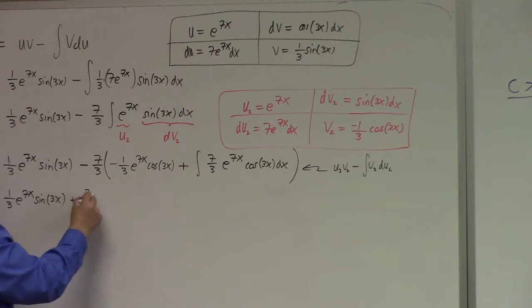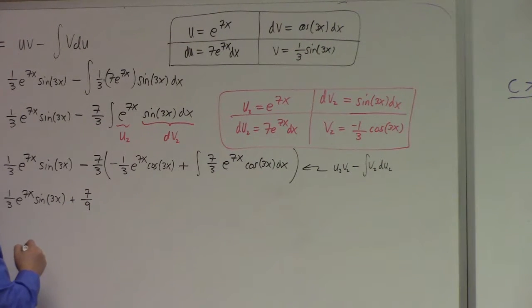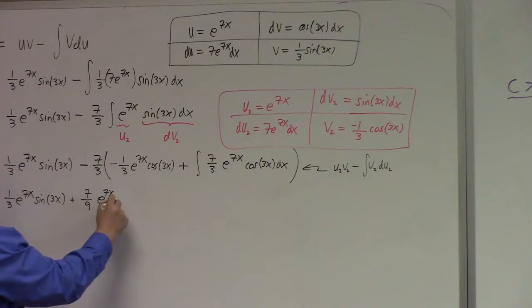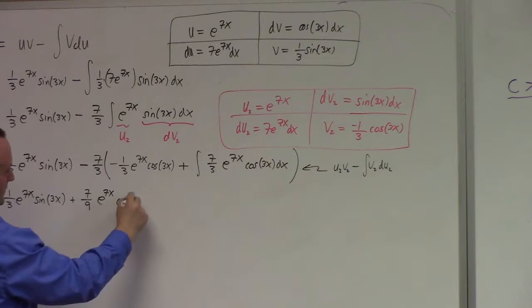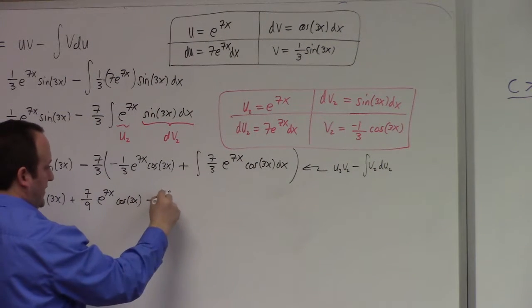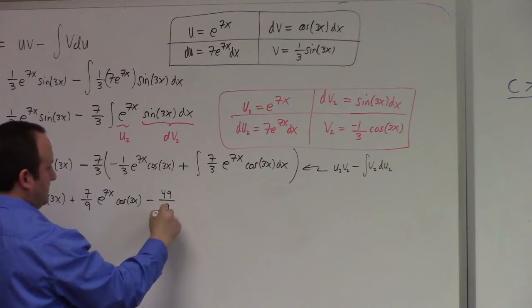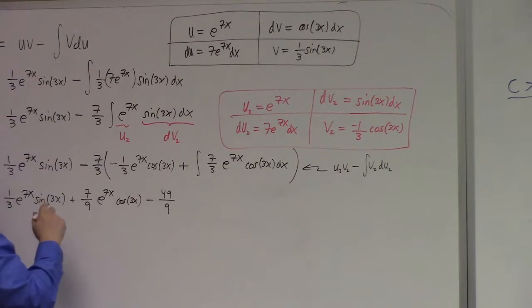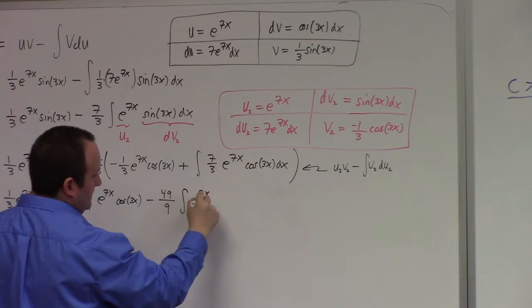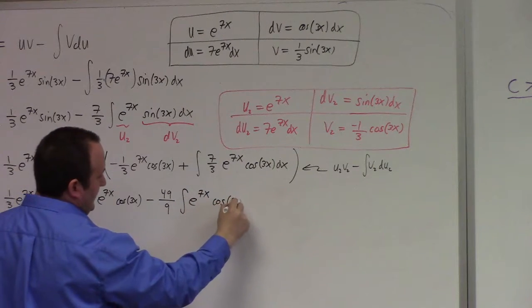So we have 1/3 e to the 7x sine 3x, and let's see here, 7/9 e to the 7x cosine of 3x. So I've got myself a minus 49 over 9, 7 times 7 is 49, 3 times 3 is 9, times the integral of e to the 7x cosine of 3x dx.